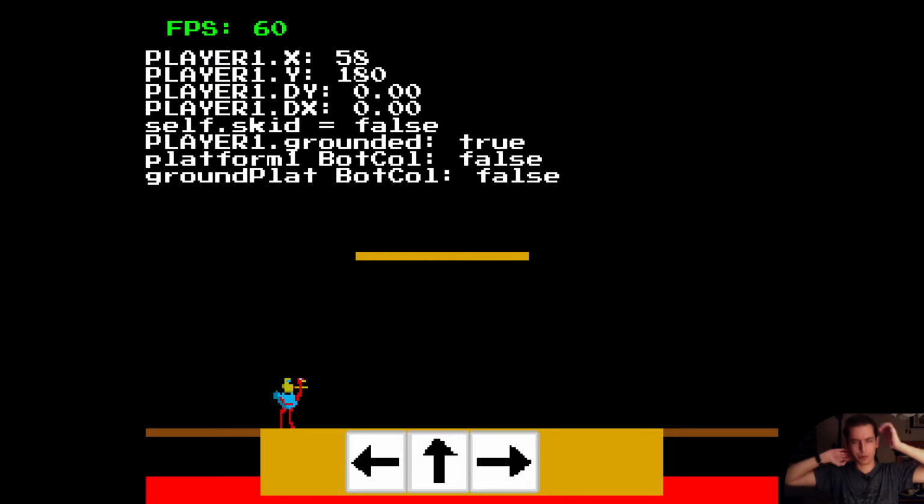Yeah, the problem really is that the collision detection gets set more than once.